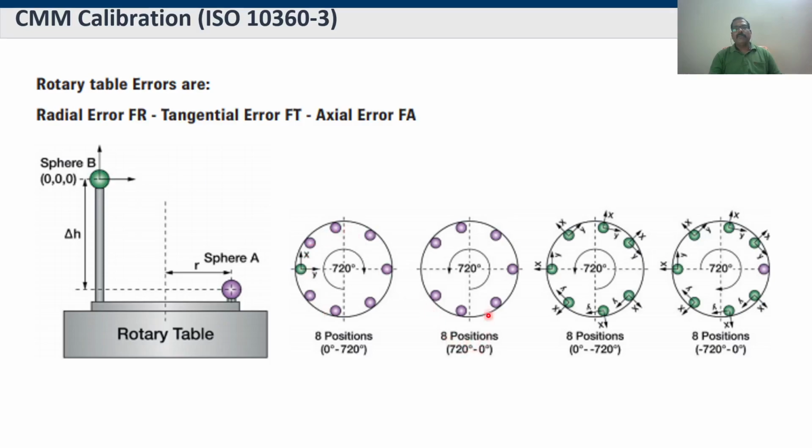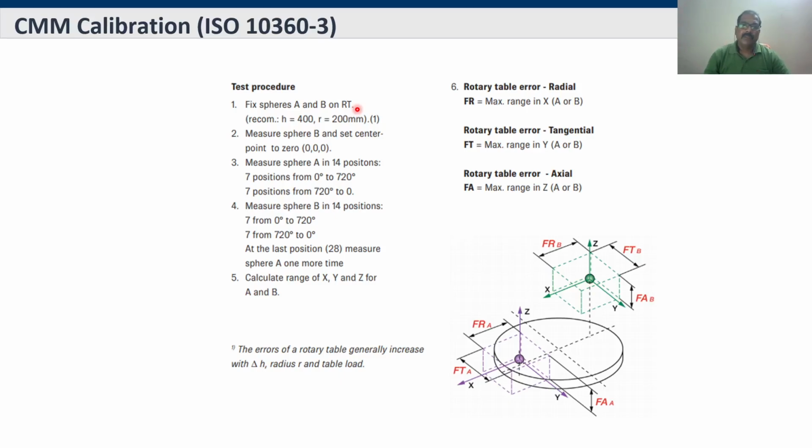Then 8 positions from 720 back to 0, clockwise, taking 8 readings, and anti-clockwise they rotate the table and measure 8 positions. Like that they take multiple readings. Then they calculate rotational errors, tangential errors, and axial errors using this ISO 10360-3.